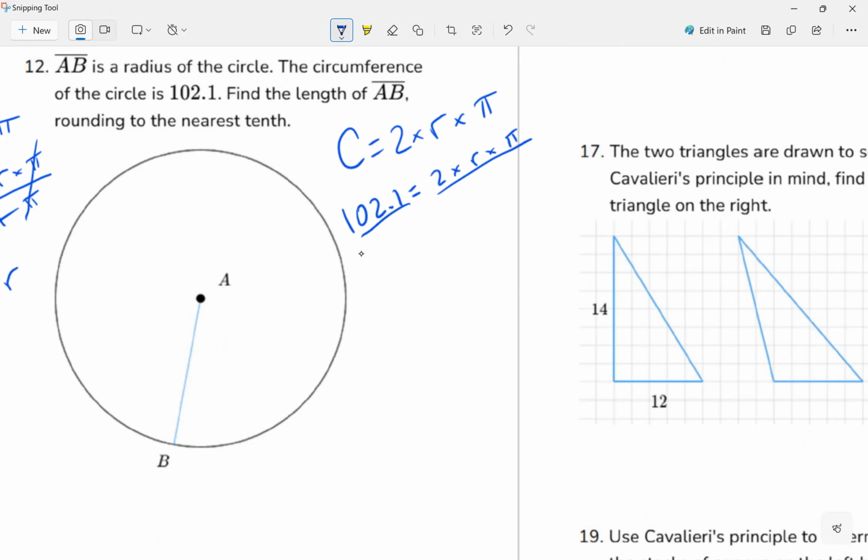I'm going to divide both sides by 2 pi because I want these 2's and these pi's to cancel out. So I have 102.1 divided by 2 times pi is equal to the radius. I'm going to type that in. If you use the pi key from your calculator, your answer will be 16.2.